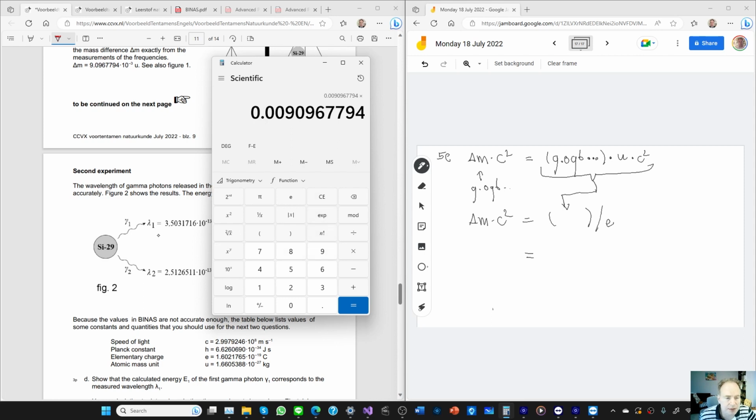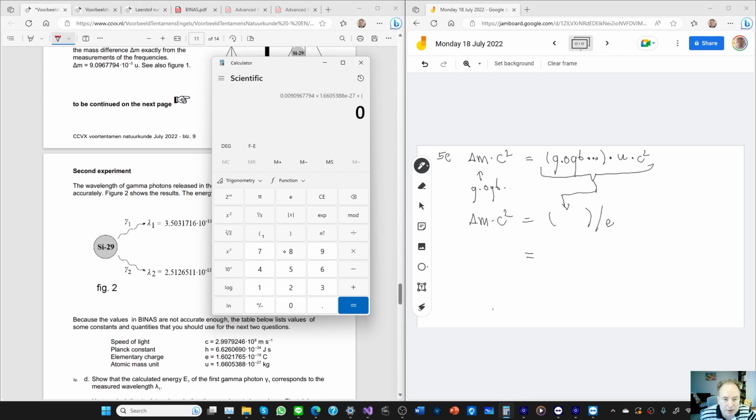And I need to multiply by that, 1.6605388. And I need to multiply by the speed of light squared.